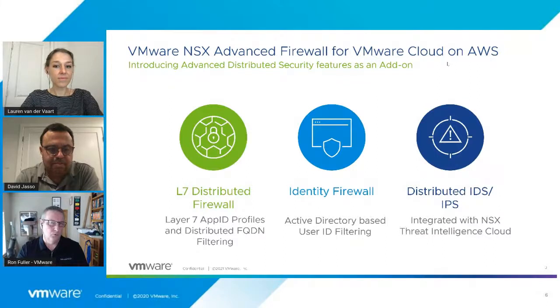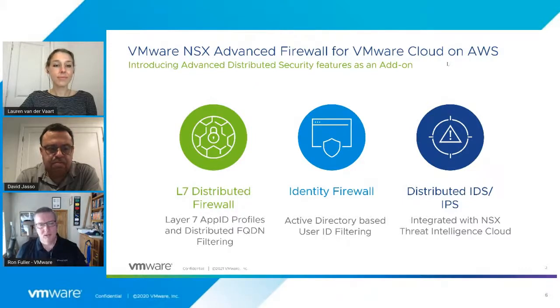We also support distributed fully qualified domain name filtering, which allows us to filter traffic based on the domain name that's being used. And that's important, especially when we start talking about software-as-a-service type environments. We have the identity firewall that integrates into Windows Active Directory and allows us to define security policy based on user login name and group membership, which is particularly powerful for end user computing environments.